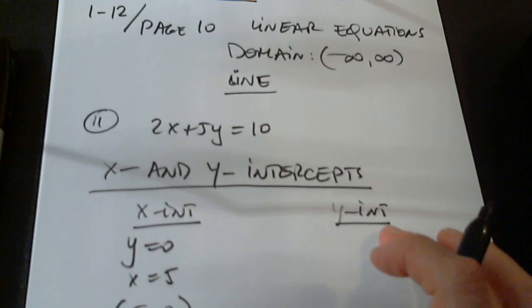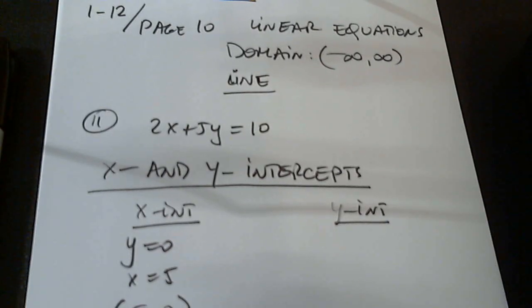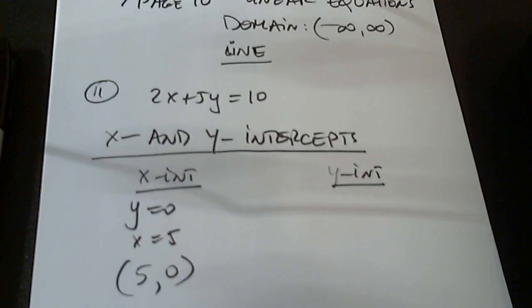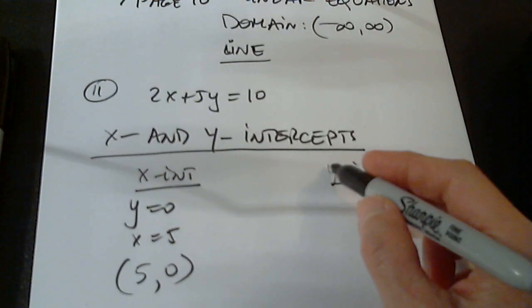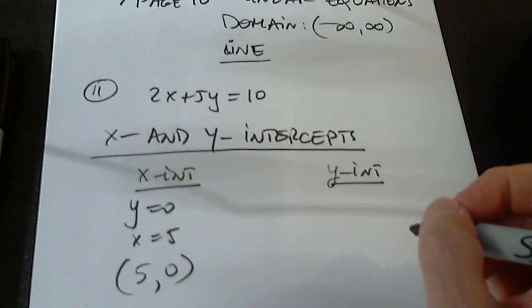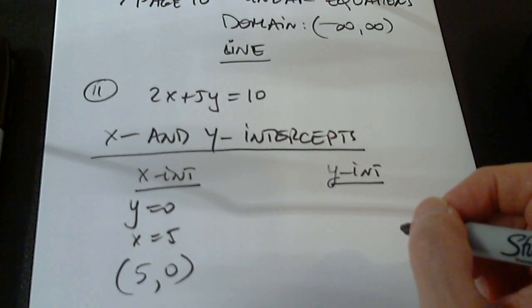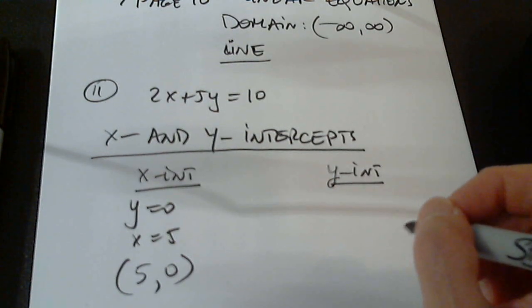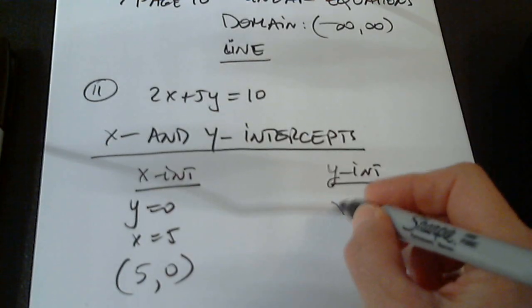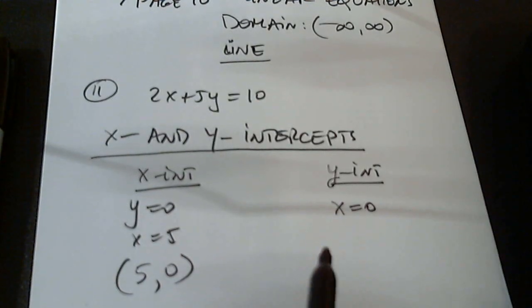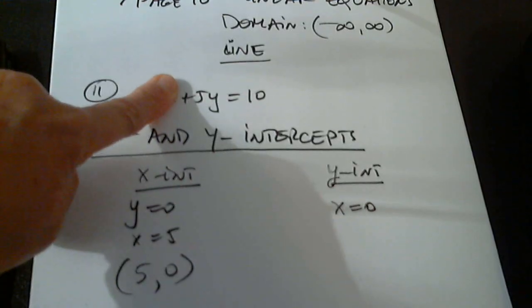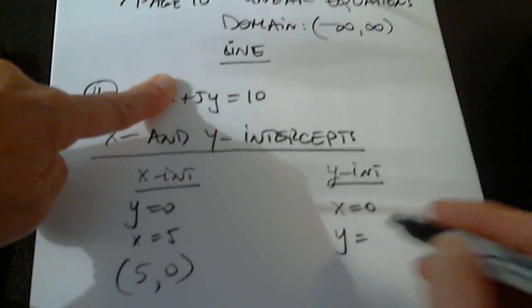Excellent. How do we find the y-intercept? Anyone, please? Y equals 0. Or x equals 0. Not or, but just x equals 0. Good. Can anyone tell us what is y? 2.